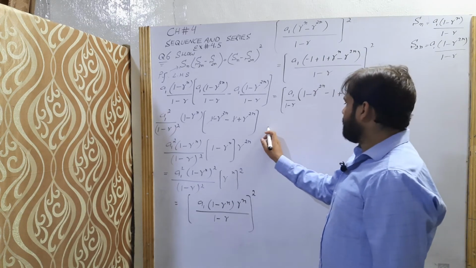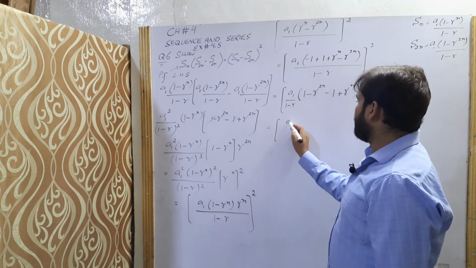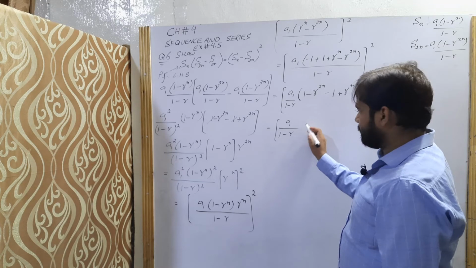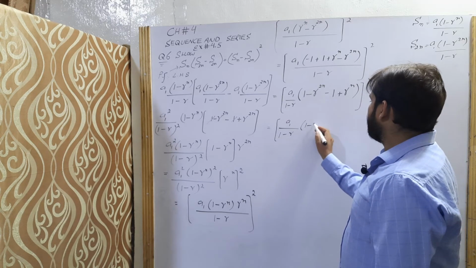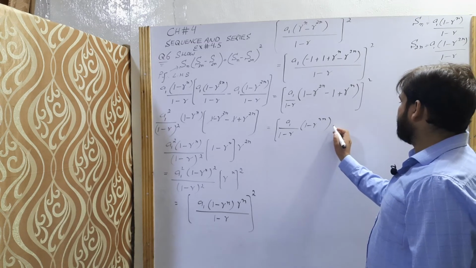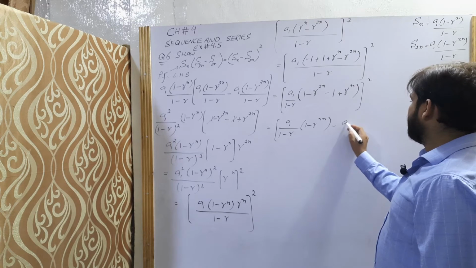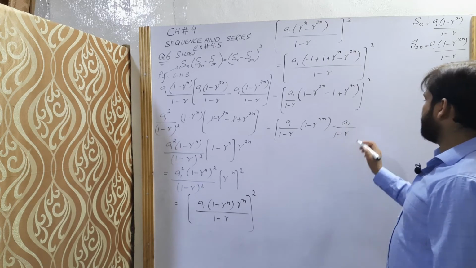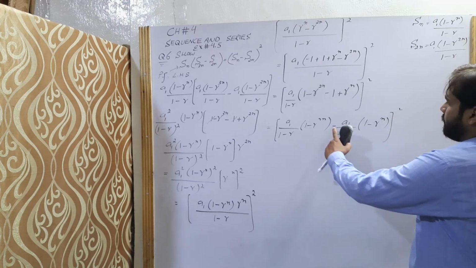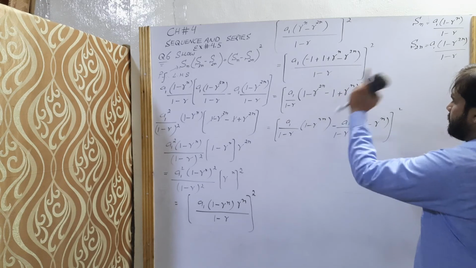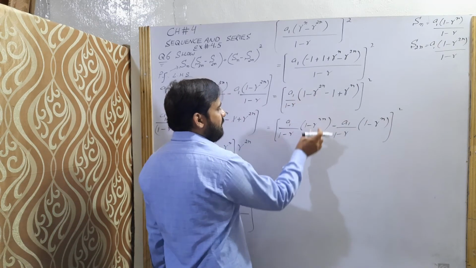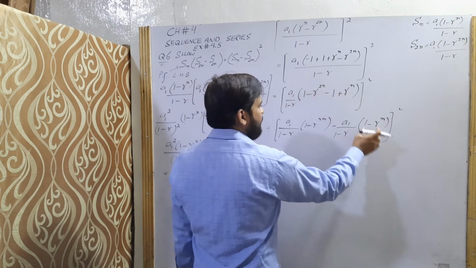So this can be written as a1 divided by 1 minus r and 1 minus r raised to power 2n, and this is minus a1 divided by 1 minus r and (1 minus r power n) whole power 2, because minus plus minus and minus minus plus, and a1 divided by 1 minus r multiply this one, and this value is multiplied this one.